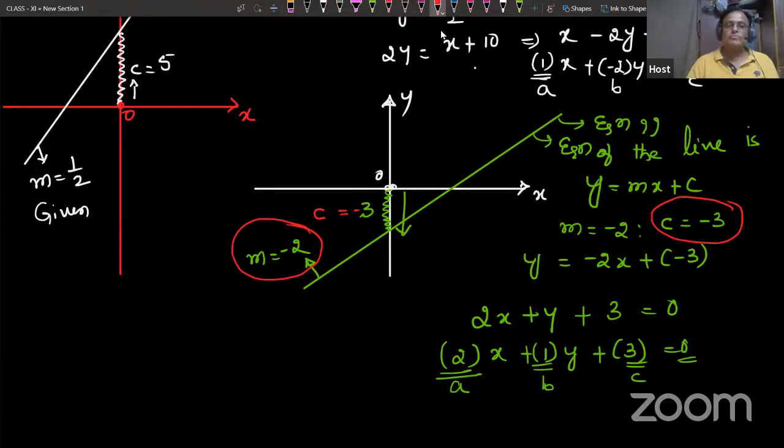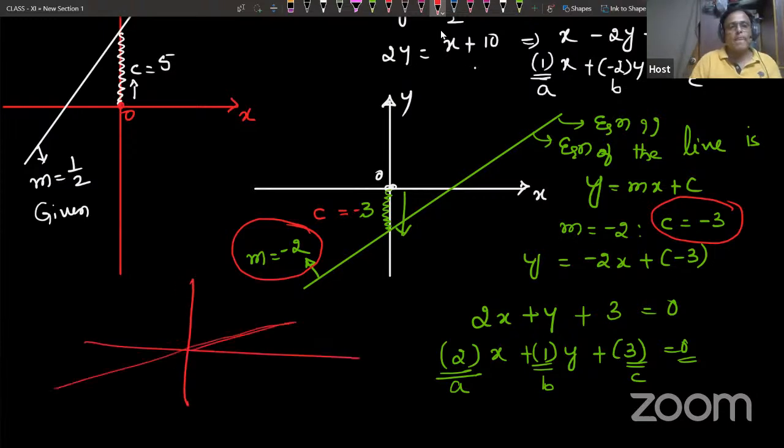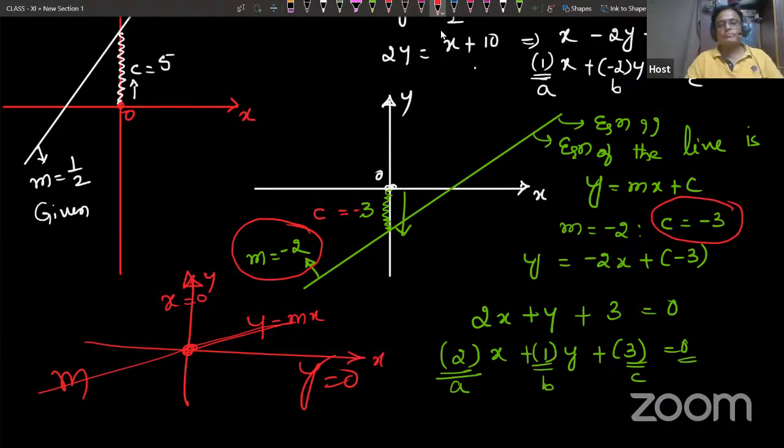Don't forget this. We already know that a line passing through the origin having slope m has the equation y is equal to mx. The x-axis equation is y is equal to 0. The y-axis equation is x is equal to 0. This much we are aware of. Now here again, just one basic example. Let me solve it for you.